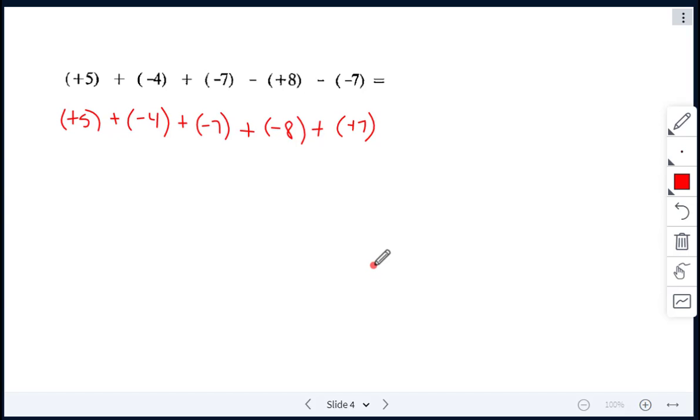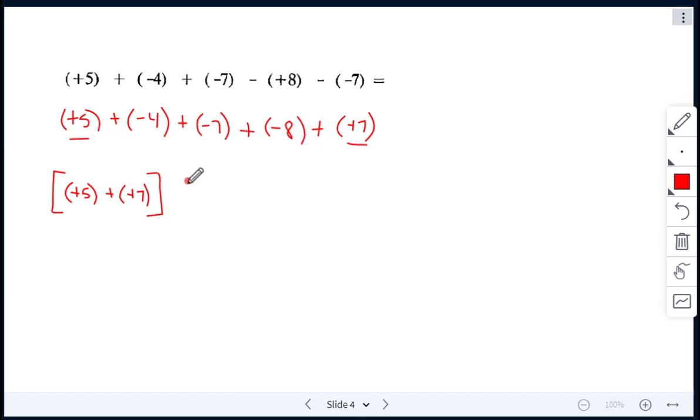All right, so we've rewritten as an addition question. Next, we're going to combine our positive integers. Our positive integers here are positive 5 and positive 7. So rewriting this, we have positive 5 plus positive 7.